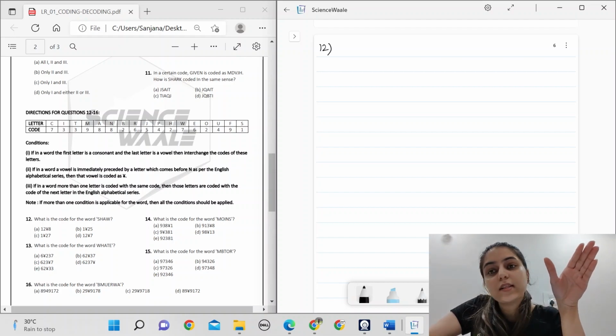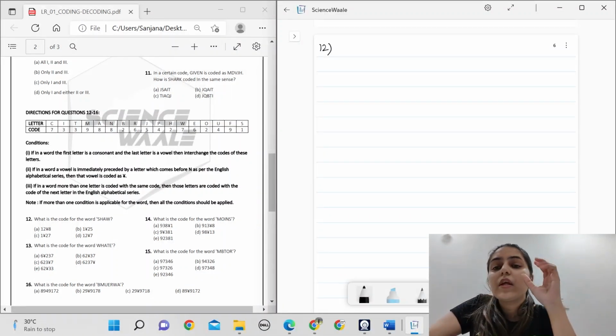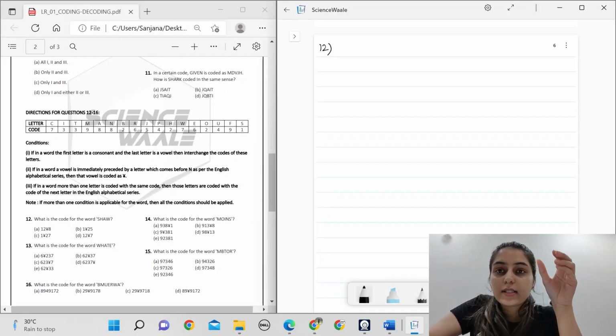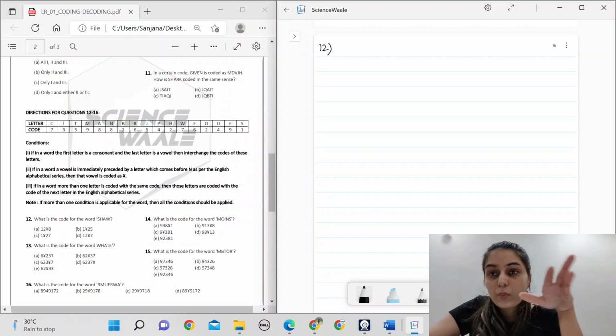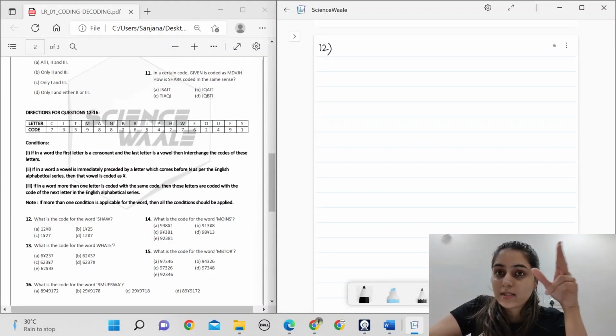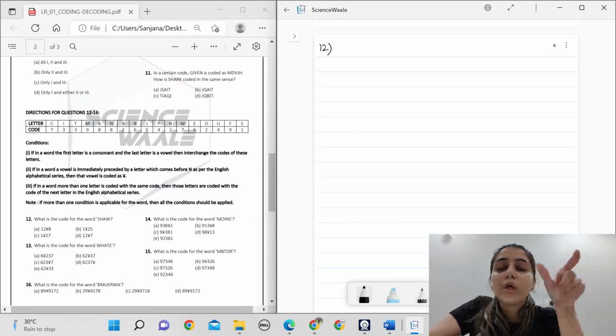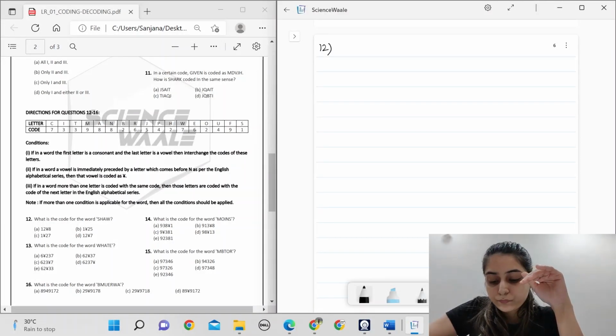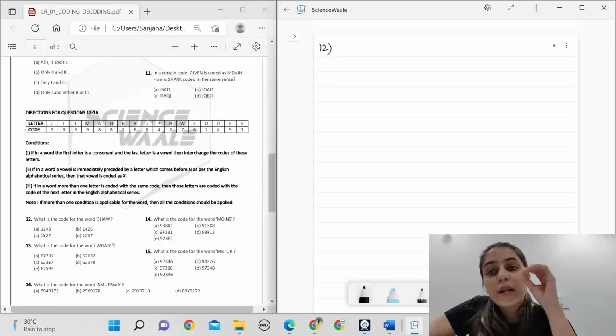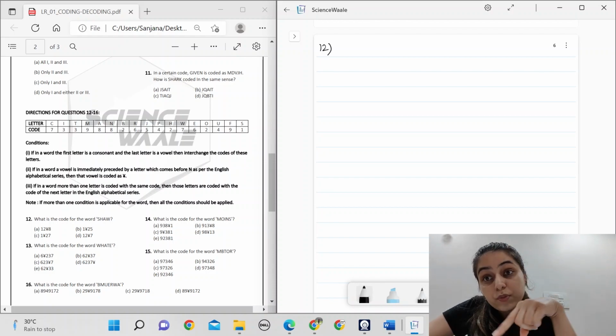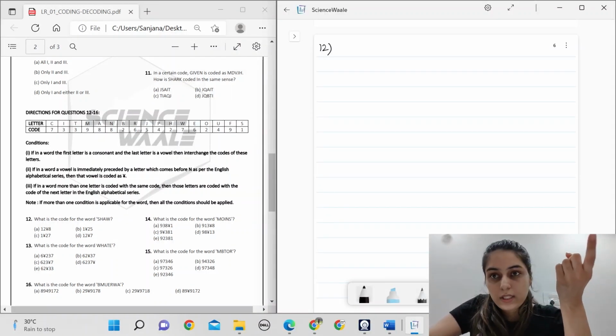What they are saying is that if a letter is coded as something, but there is another letter with the same code, for example here A and N both are coded as 8, O and H both are coded as 2, then we have to write the code of the succeeding letter according to the alphabetical series.